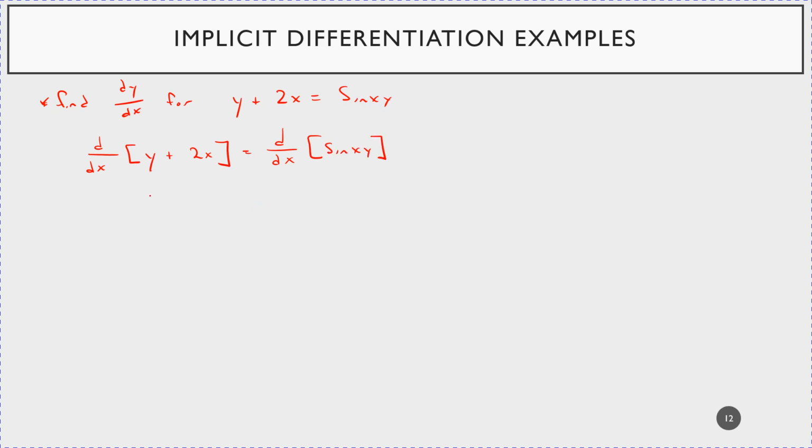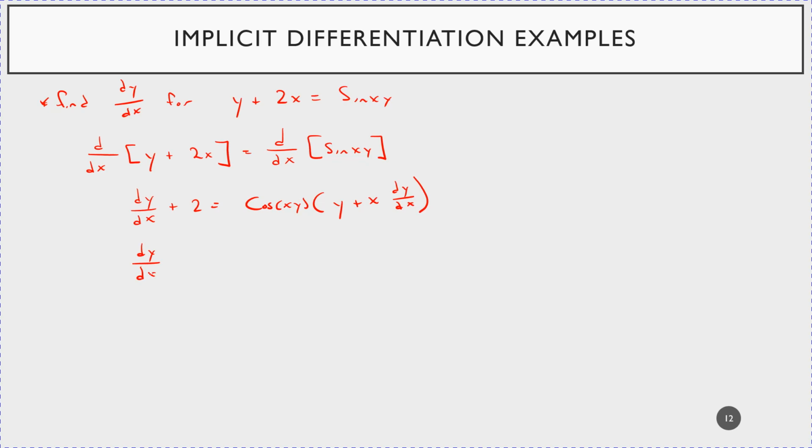So the derivative of y just becomes dy/dx, plus 2 is equal to, okay, take the derivative of the outside. The derivative of sine is cosine of xy times, now you got to differentiate the inside, xy. So you got to do the product rule. So the derivative of x is 1, so that's just y, plus x times dy/dx. Because when you differentiate y, you get dy/dx.